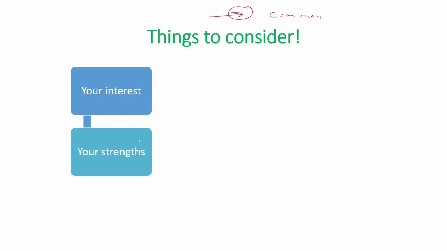Then what are your strengths? That means your programming capability, your mathematics, this kind of thing you have to consider when you select your path. And faculty expertise. Do some research about your university faculty department. How many lecturers are there? What are their qualifications? Are they capable of teaching their subject? You need to search this kind of thing.